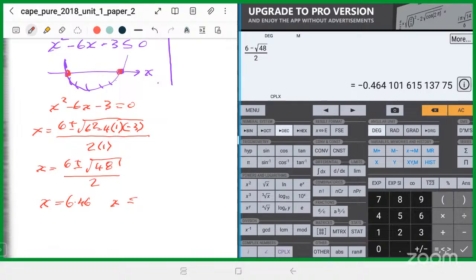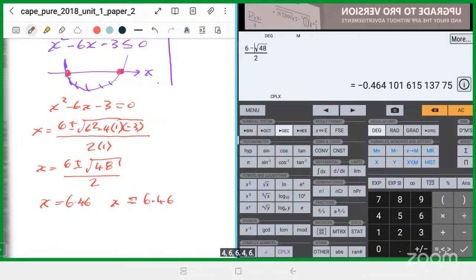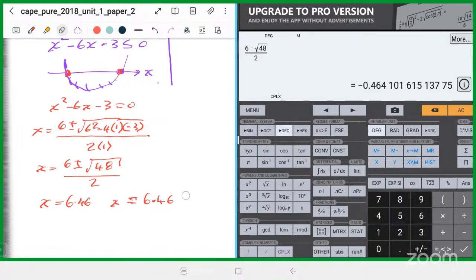I'm writing the positive one over here, 6.46. I'm going to write 6.5. And down here, I'm getting negative 0.5. Let's keep that negative 0.5.